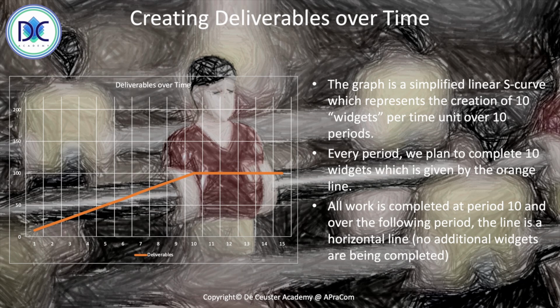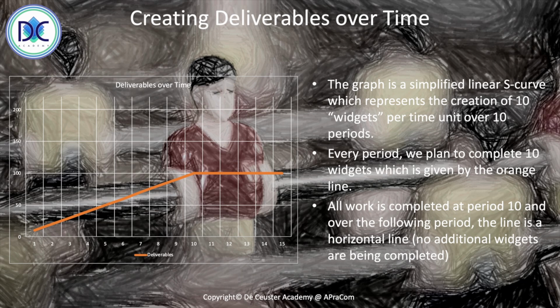Here the line is horizontal, and I will use that later to explain some principles of prediction and extrapolation. But from that moment on, nothing is created anymore.